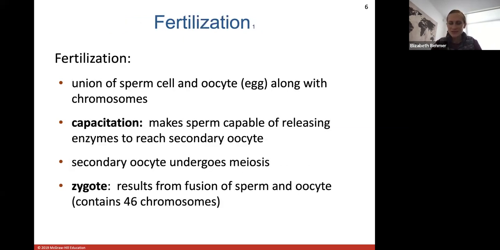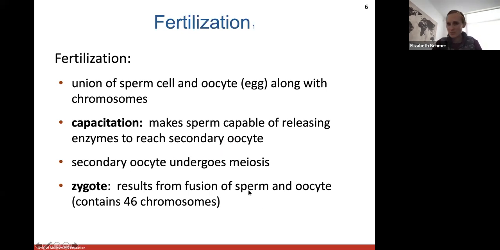Fertilization itself is the medically correct terminology used for the union of the sperm cell and the oocyte, which is the egg, along with all the chromosomes. Capacitation makes the sperm capable of releasing enzymes to reach the secondary oocyte. The secondary oocyte will then undergo meiosis, and the zygote is the resulting name we give to the fusion of the sperm and the oocyte when it contains 46 chromosomes.